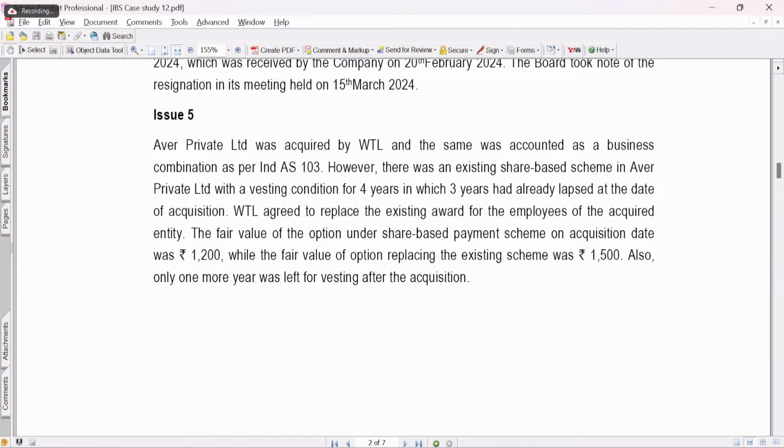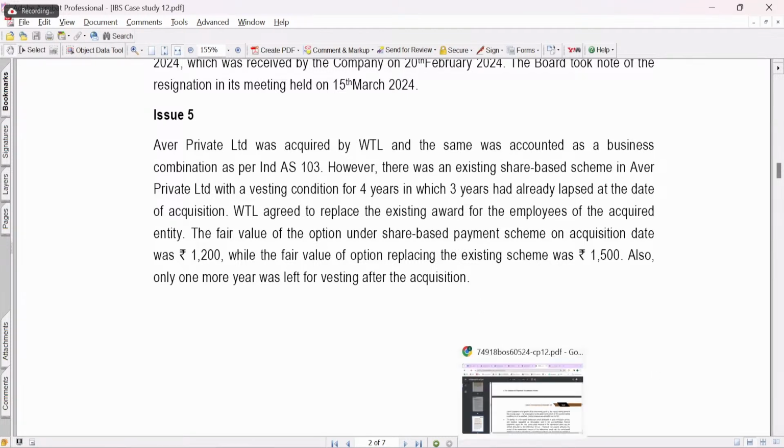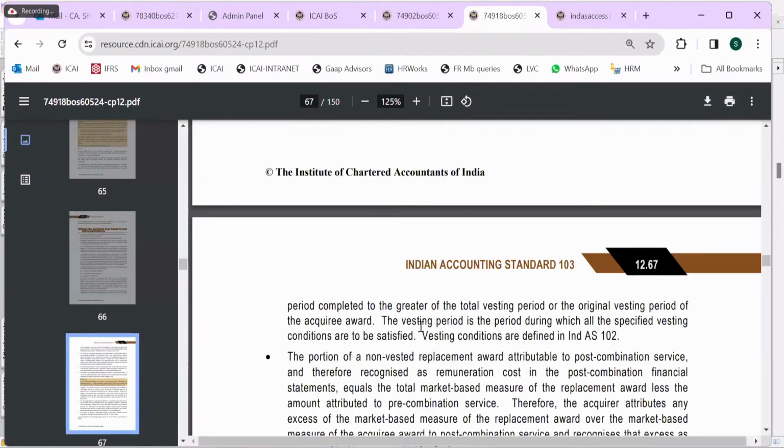So the vesting period is common for both the awards, and there is no question of the greater of the total vesting period of the original or the replaced award. So 3 years already lapsed and 4 years is the total vesting period. So we are multiplying the fair value of the original award by 3 by 4, where 3 is the already lapsed vested period and 4 is the total vesting period.